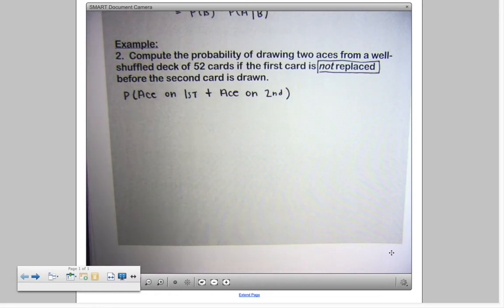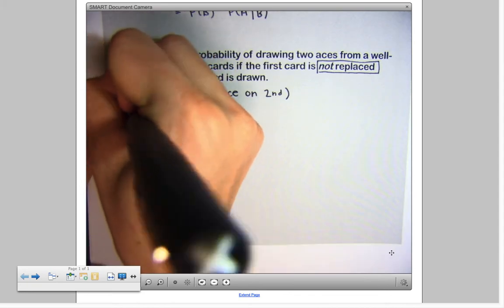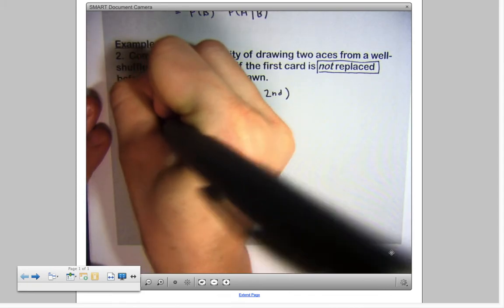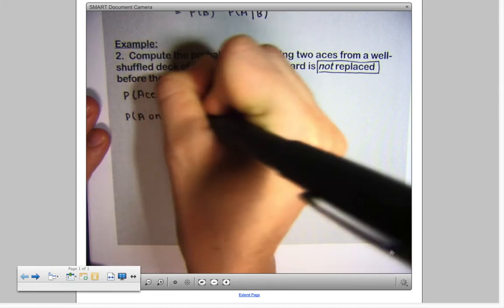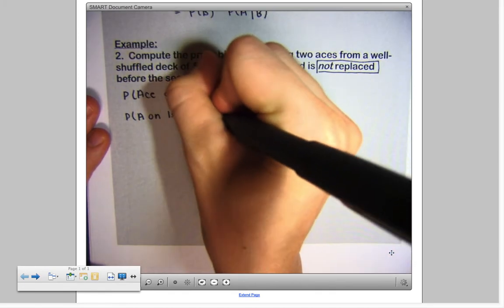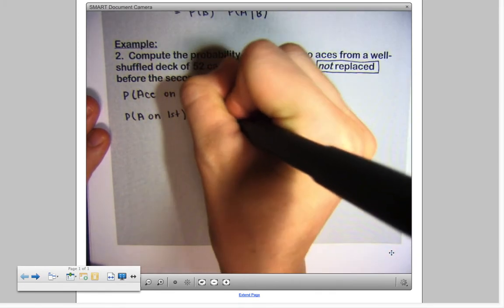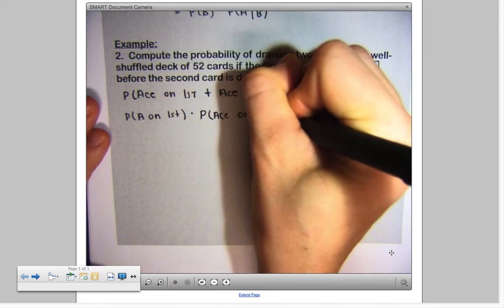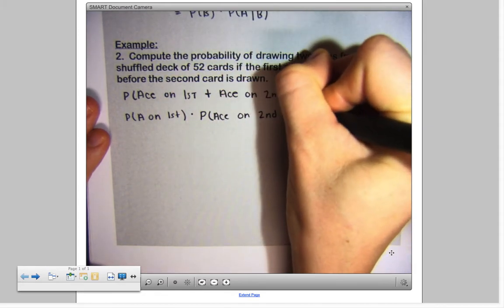Okay, since it wasn't replaced, we said that they were dependent. So this means we're going to have the probability of an ace on first times probability of ace on second given an ace on the first.